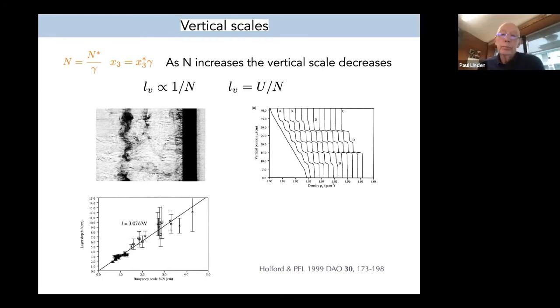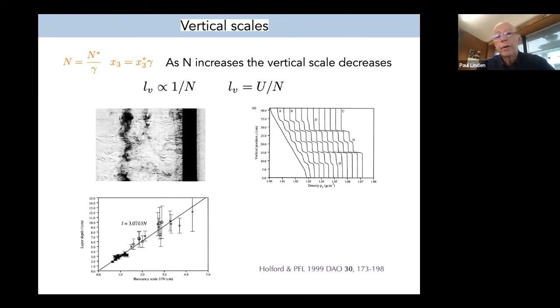One of the things to try to get away from is the situation where you start off with a uniform gradient of density and velocity at very high Richardson number, and you don't have the energy to move the parcels up and down. The way to break that is to break the system up into a series of layers. This is an experiment carried out here a long time ago by Joanne Holford, a student of mine.